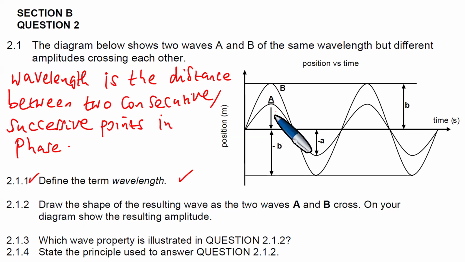This one is amplitude A, which is wave A, and wave B has amplitude B. You can see it's A here, minus A there, and minus B over there. You really can see the pattern there.